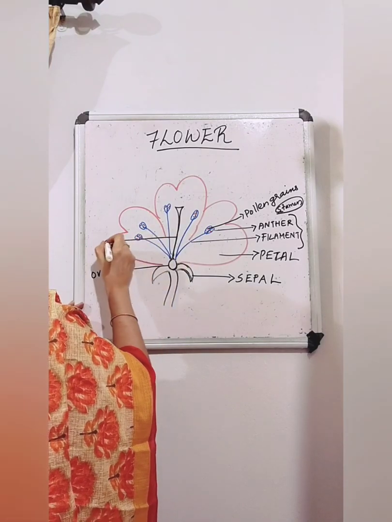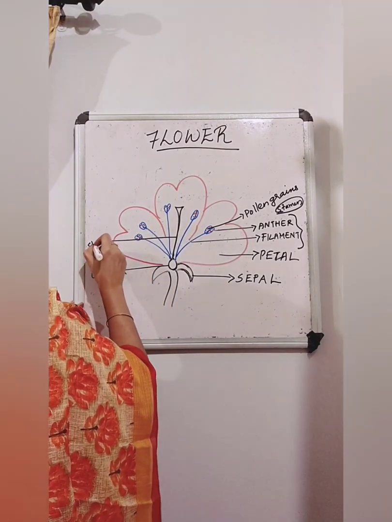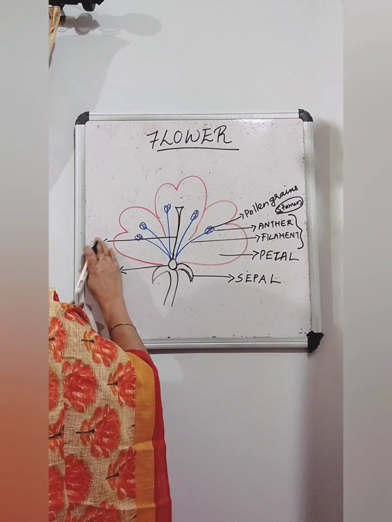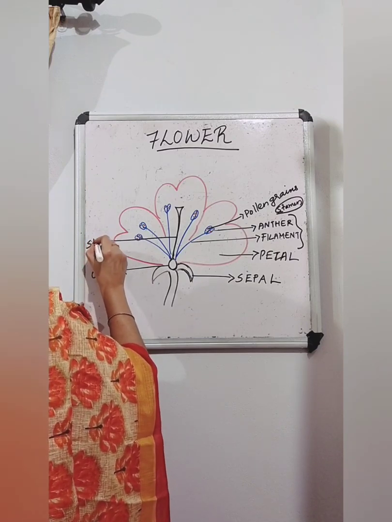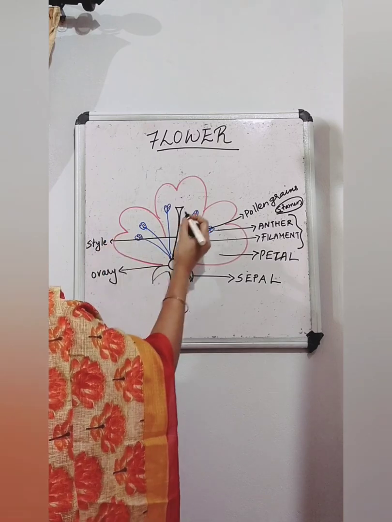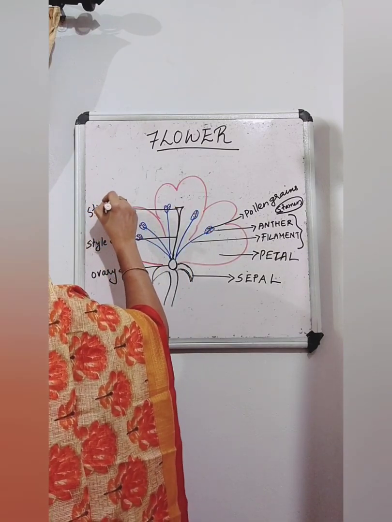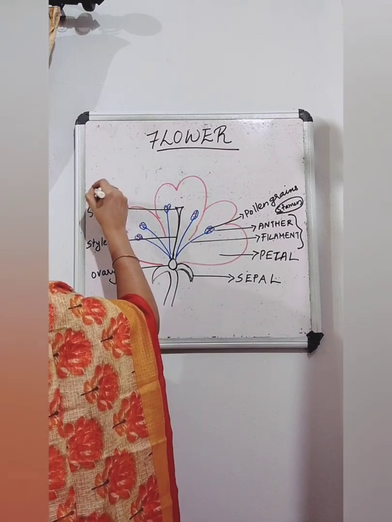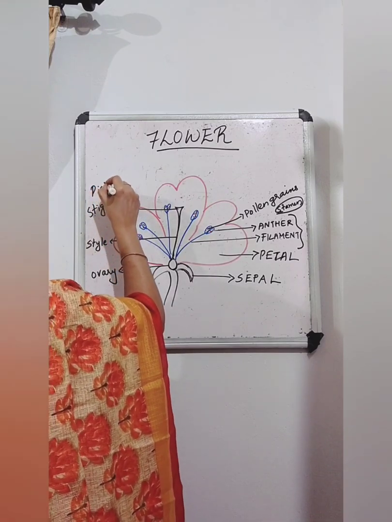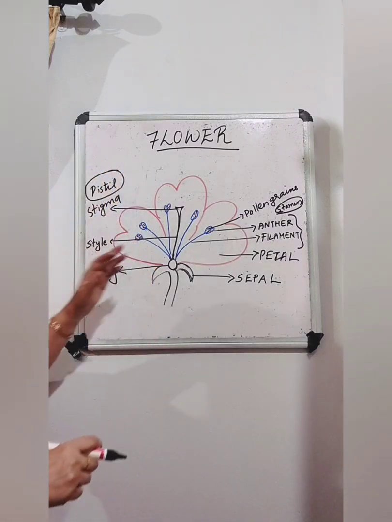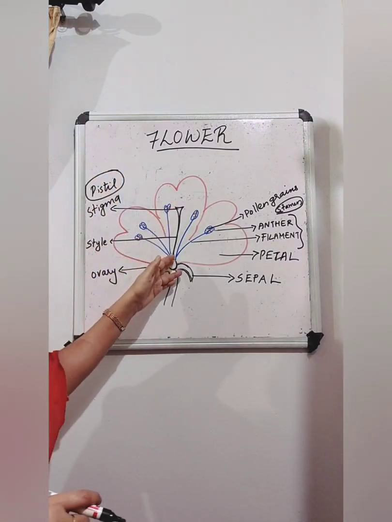And this stalk is called style. And the tip part is called stigma. And together all these are called pistil. Together this part is called pistil.